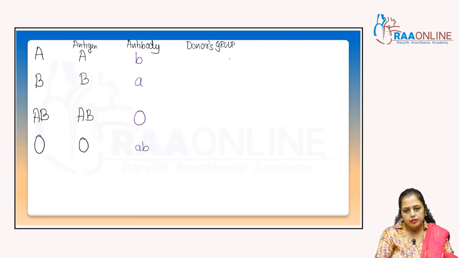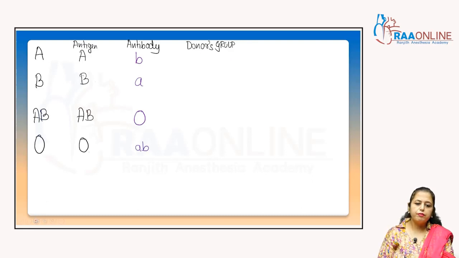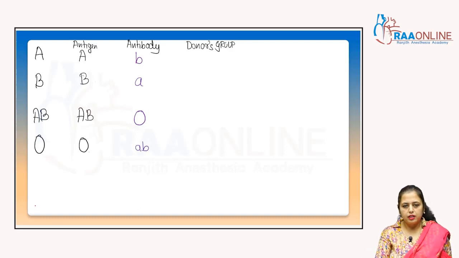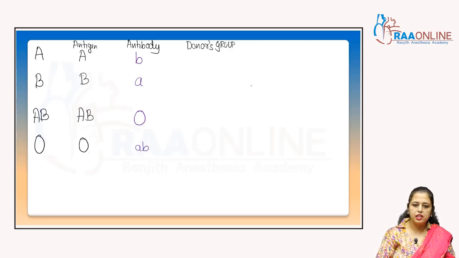Now when we talk about the donor's group, if A blood group people need a blood transfusion, what kind of blood do they receive?